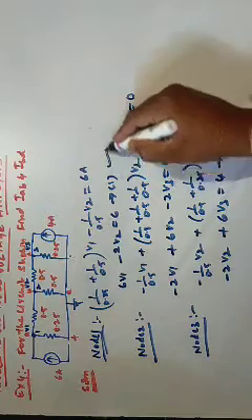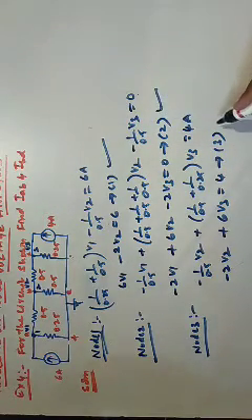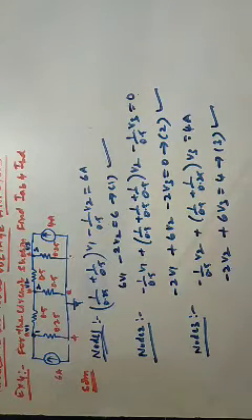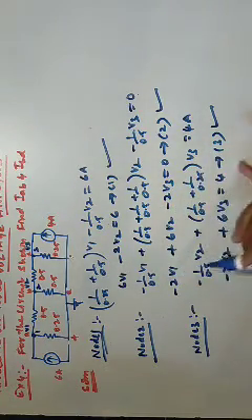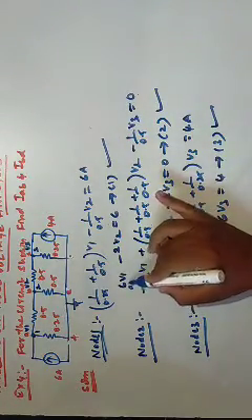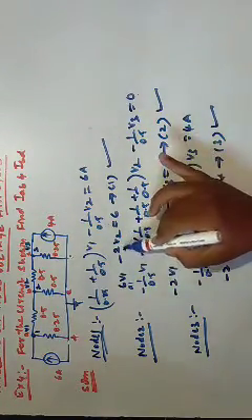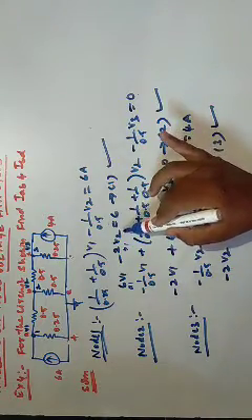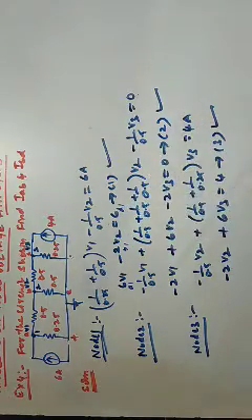We got equation number 1, equation number 2, and equation number 3. Solving this, in the first equation we have A1, B1, we don't have C1, and this is D1.